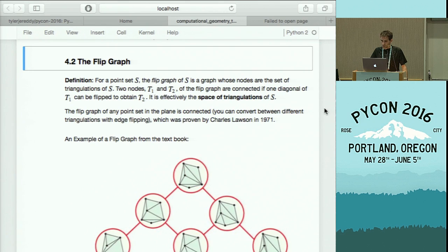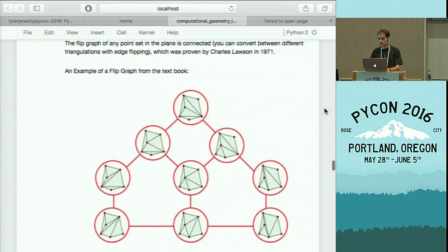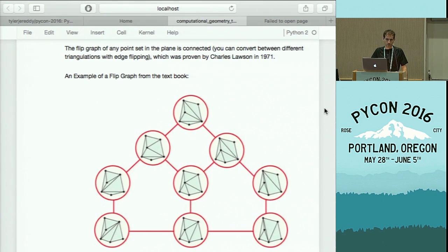And we know that you can move from any given triangulation to any other given triangulation for a given point set just by flipping edges. So if we look at the top of the flip graph here, and then the triangulation to the bottom right of it, we can see that one edge has been flipped, right? So this edge that goes from here to here has been flipped. So it now goes from this vertex here to this vertex here.